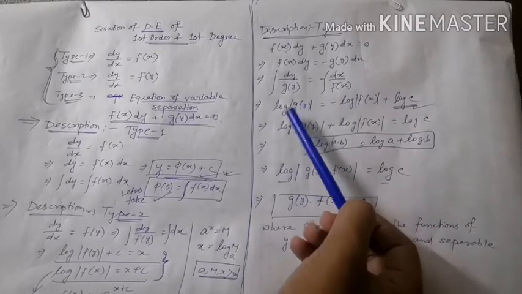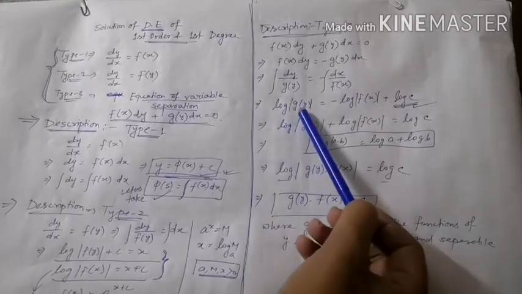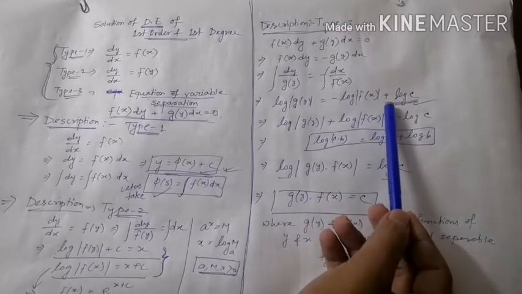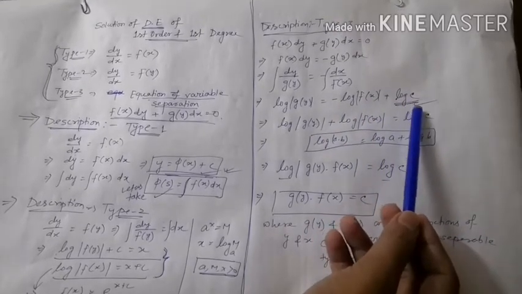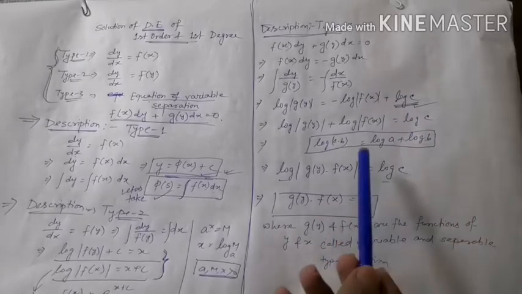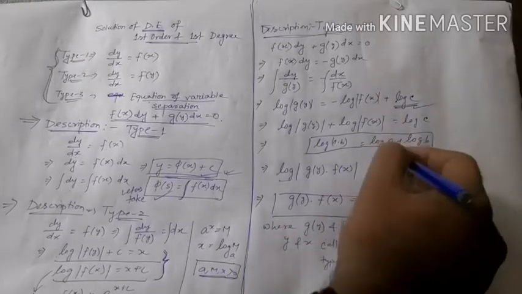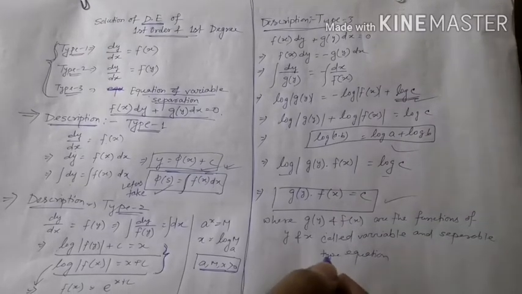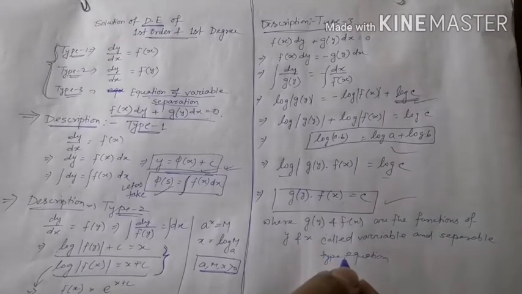So by integrating both sides we get log g of y equals minus log f of x, and to solve easily we take log c as a constant here, and after that through calculation and this formula we reach this one. So these three are the solutions of type 1, type 2 and type 3.